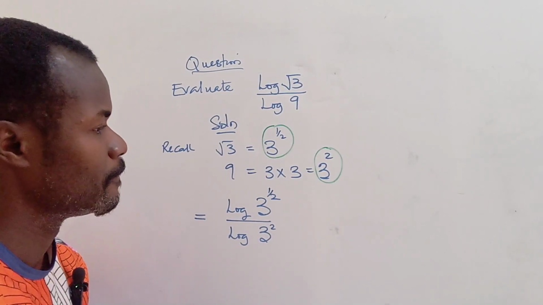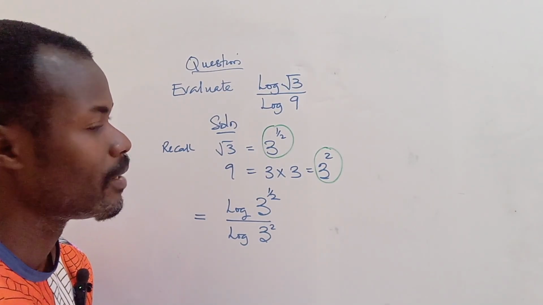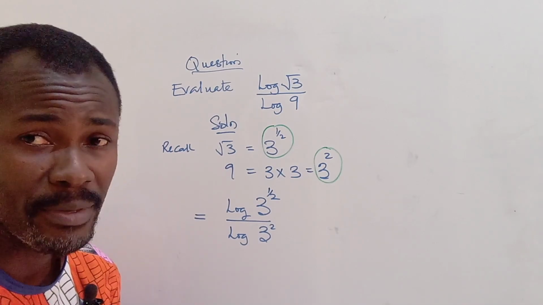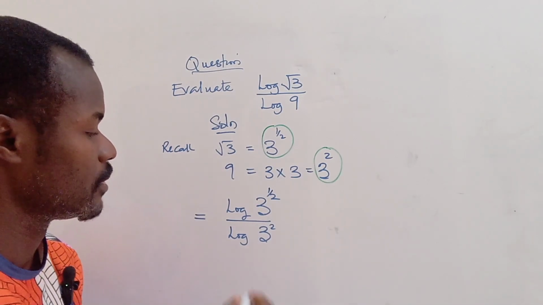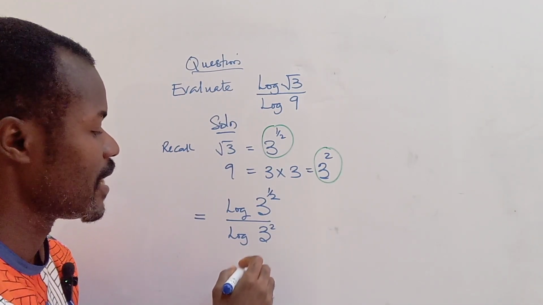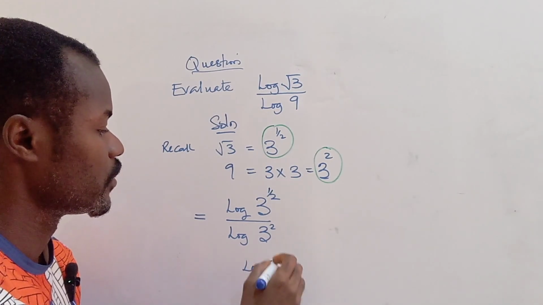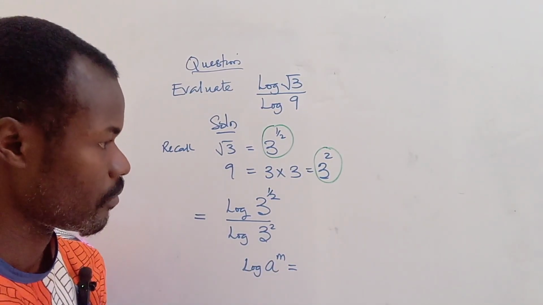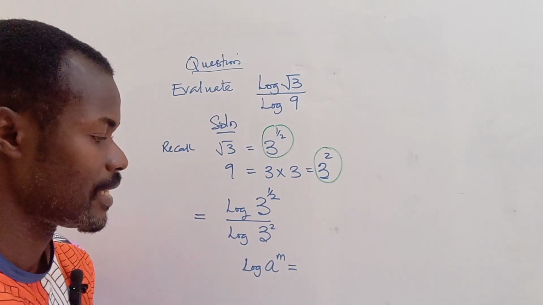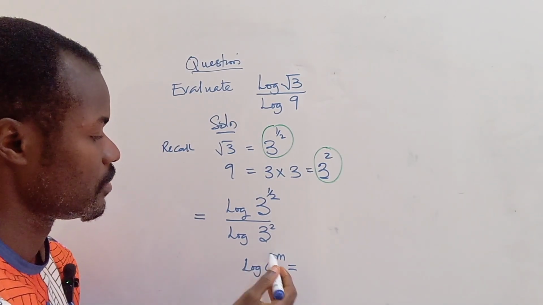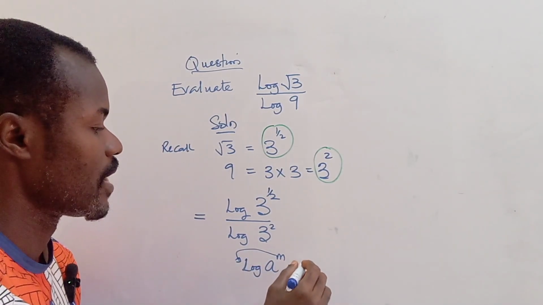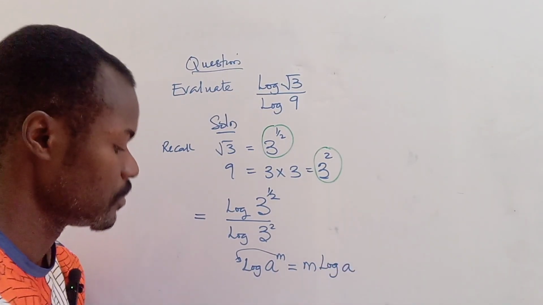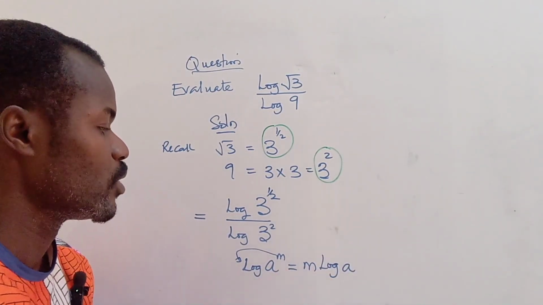Now from this, we are going to apply the power law of logarithm. What do I mean by that? If I have log a raised to the power n, the power comes down, so we have n multiplied by log a.